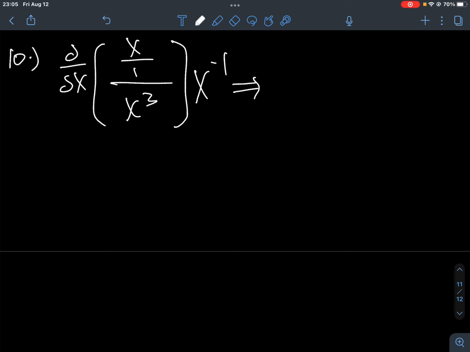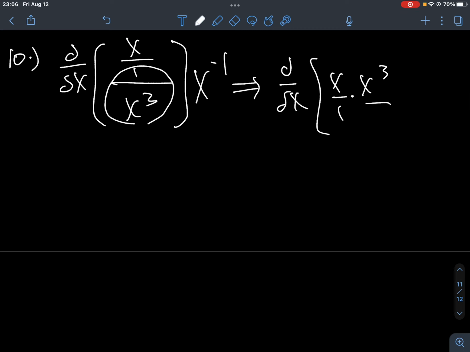Okay, so how do we go about doing this? Well, let's simplify. So we're going to get x over 1 times the reciprocal of that, which is x cubed over 1 multiplied by x to the minus 1 can be rewritten as 1 over x.